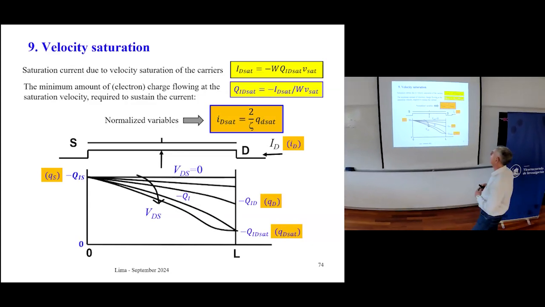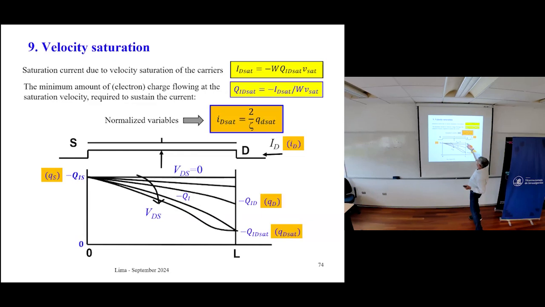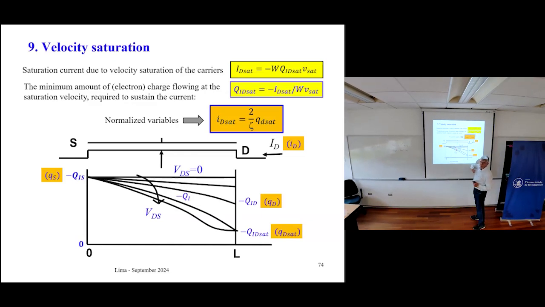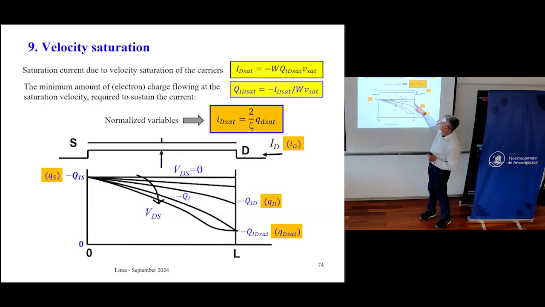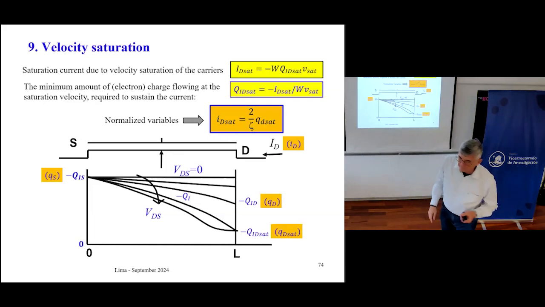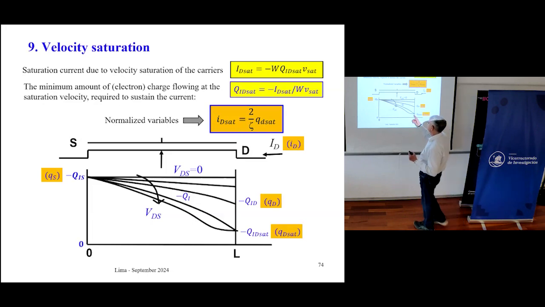Then I'm increasing the drain to source voltage. Source is fixed, drain changes a bit. The inversion charge density at this node begins to decrease. But it cannot decrease indefinitely. It must keep a certain amount of charge. Otherwise, you don't have the current.